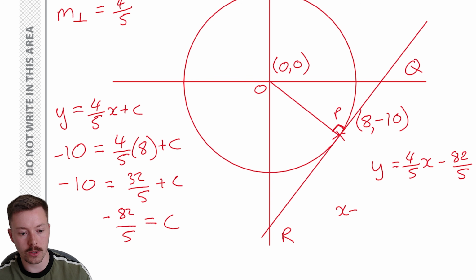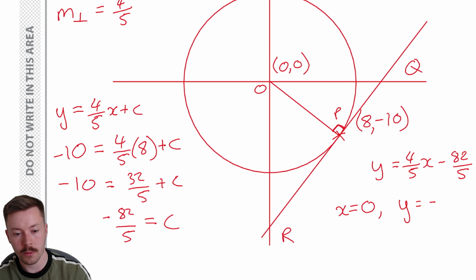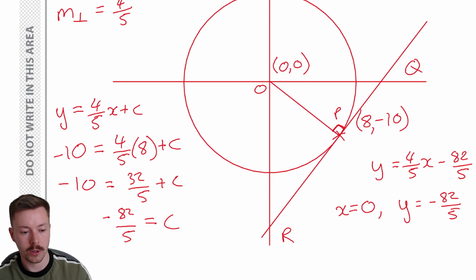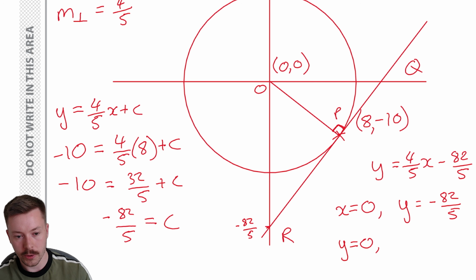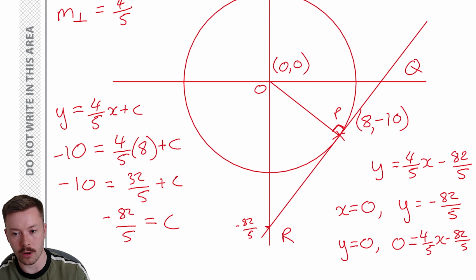So if x equals 0, we get that y is equal to minus 82 over 5. Okay, so this point here is minus 82 over 5. If y is equal to 0, then we get 0 is equal to 4/5 x minus 82 over 5.